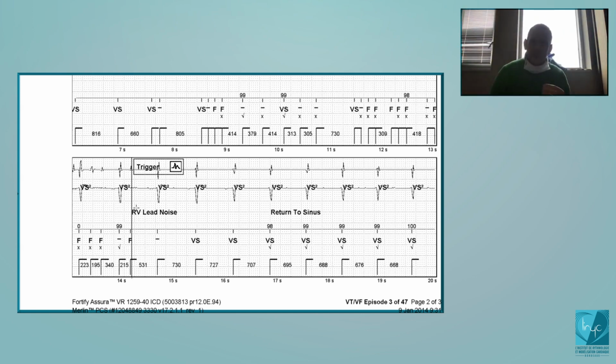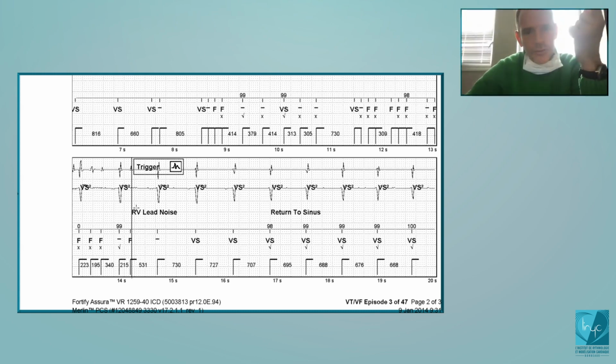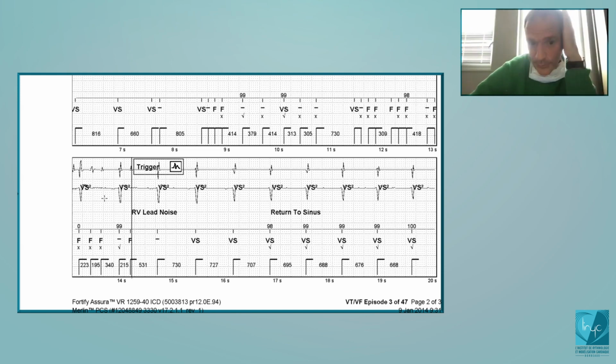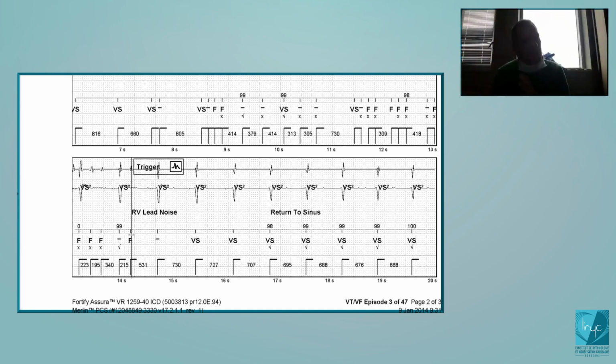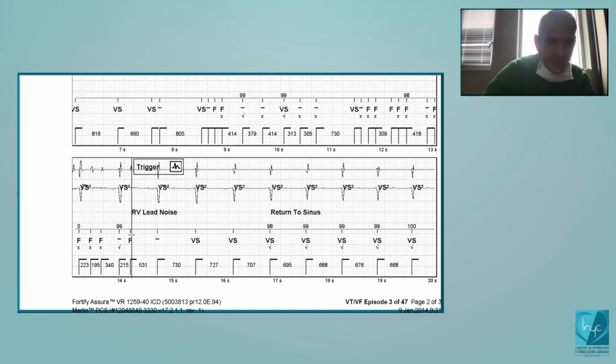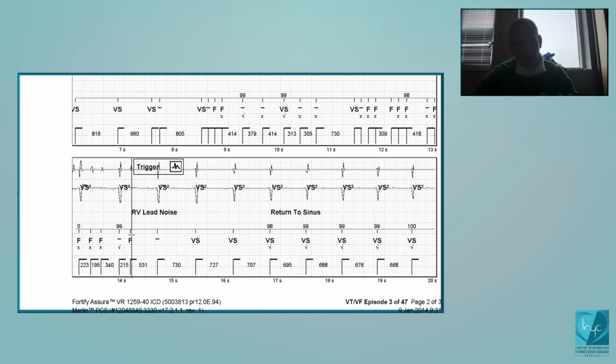Okay, so that's a strong algorithm, because if there is a diagnosis of lead noise, no therapy will be delivered. So it will inhibit. So that's important because it works in the VT zone, but also in the VF zone. So you need really to have good results here. And I think that this algorithm is really working well. We have worked quite a lot on this with a few publications demonstrating that I think it works pretty well.